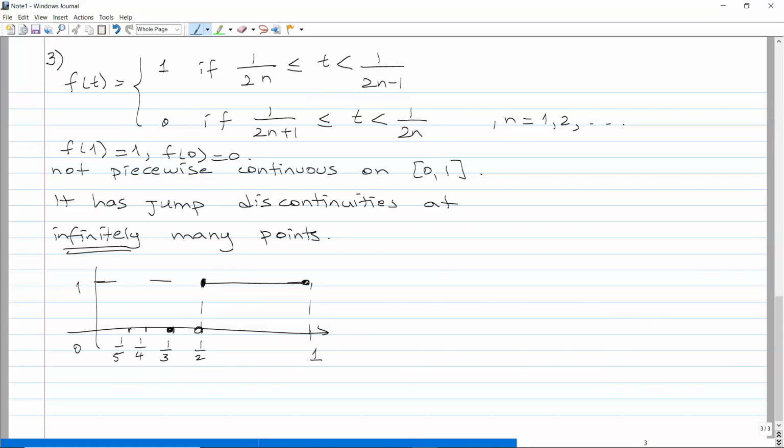Maybe I should choose a different color. And in the interval from 1/4 to 1/3, again, it is 1, closed at 1/4, open at 1/3. From 1/5 to 1/4, it is 0 again, and so on. So the intervals are becoming smaller.